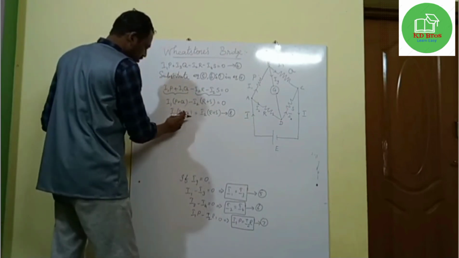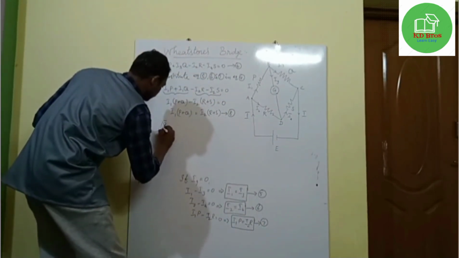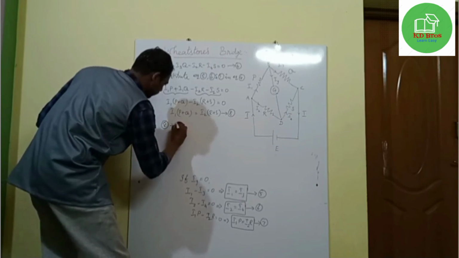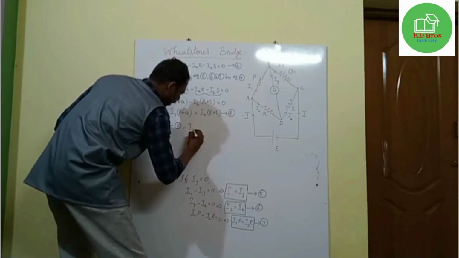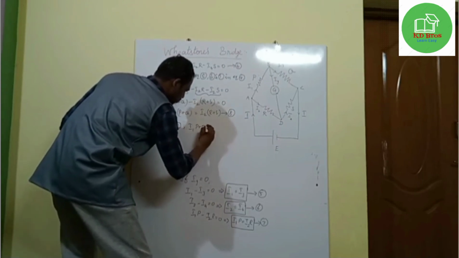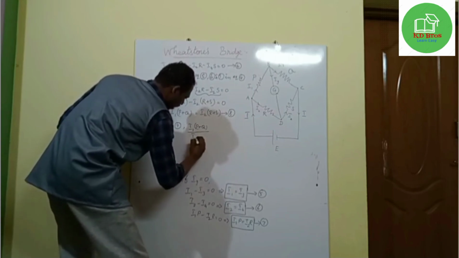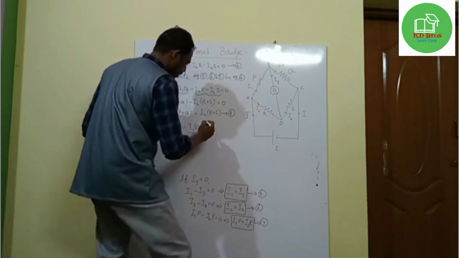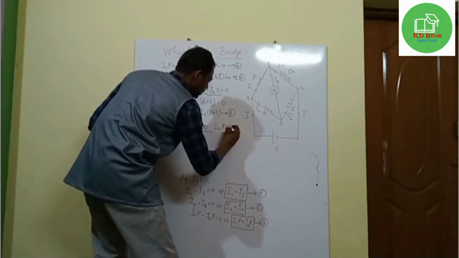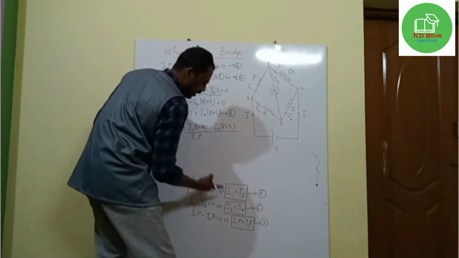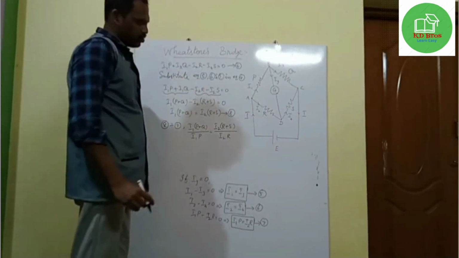So this is the 7th equation and this is the 8th equation. Now the 8th equation is divided by the 7th equation. So 8 divided by 7. If you divide, what will be the answer? I1 times P plus Q divided by I1P, which is equal to I2 times R plus S divided by I2R.